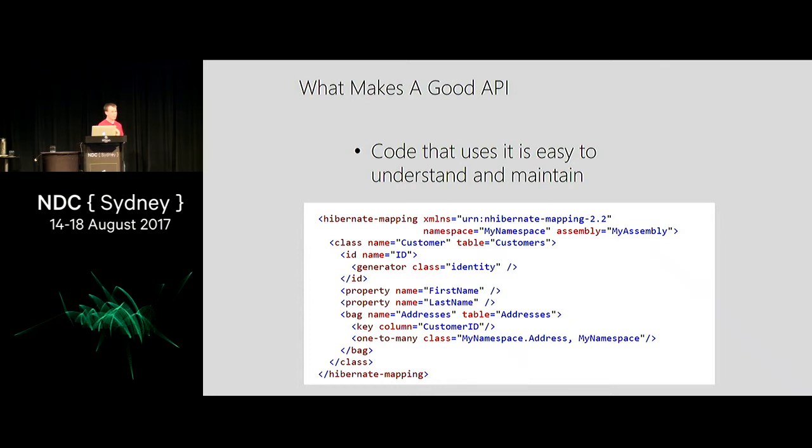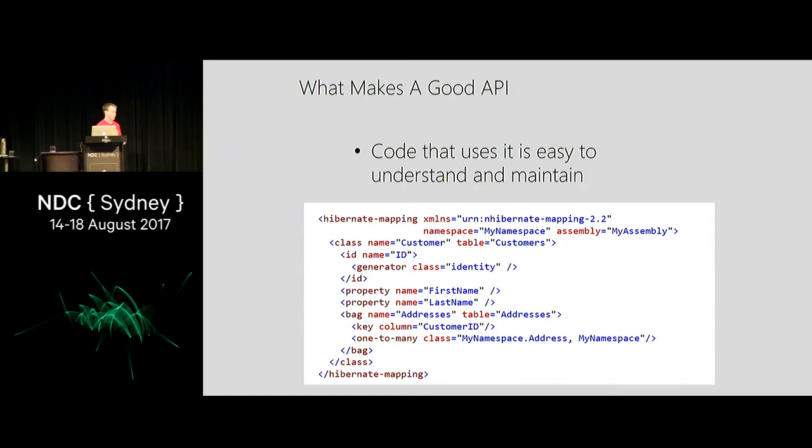It's an object relational mapper, so it will map database tables to .NET classes. And you need to map between the two of those. The way Hibernate did it, at least in initial versions, is it had an XML mapping file. Here you can see we've got a class, we're mapping that to a table, we're mapping the properties, and we've defined an ID.